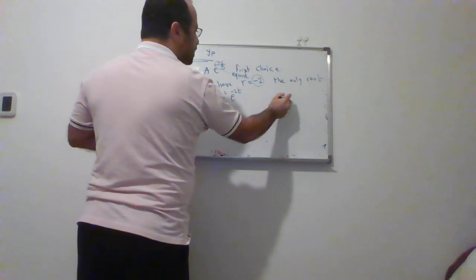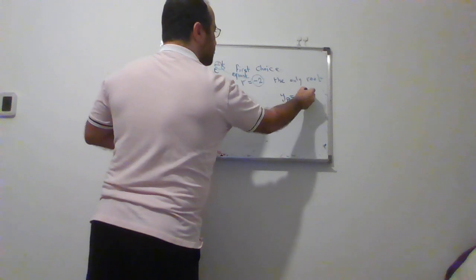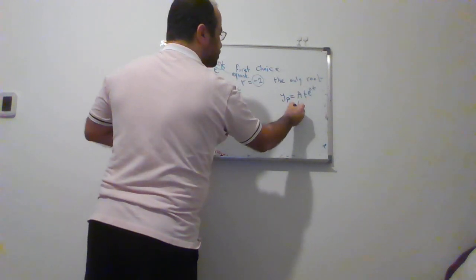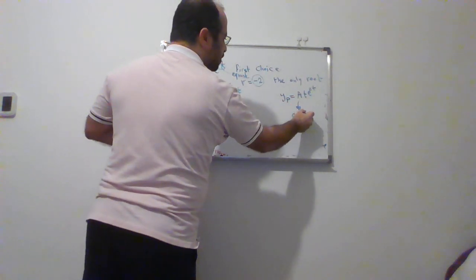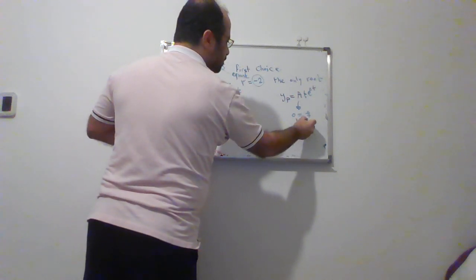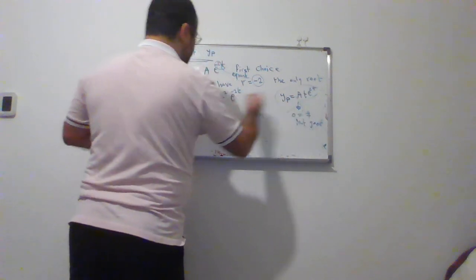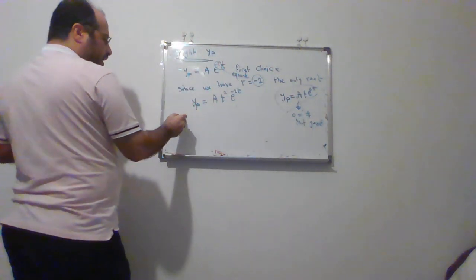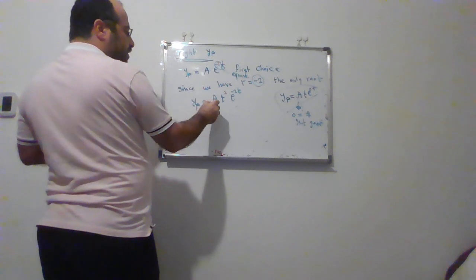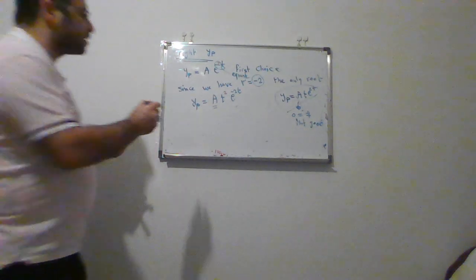If someone tries y particular equal a t e^(-2t), this will give me 0 equal a number, and this is not good. So even this choice is bad, so the good choice is this thing, and now I need to determine the coefficient. It is called the method of indeterminate coefficients.